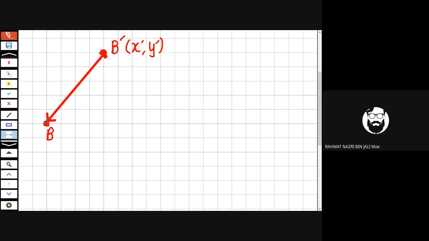Jadi kita kena cari transformation itulah. 1, 2, 3, 4. Okay, 4 ke kiri jadi negatif. Let's say saya bagi sini A ya. Kita buat formula dahulu. Bila ke kiri, kita akan dapat negatif A. Movement to the left. Then movement to the downward, move to downward. We represent with negative B.